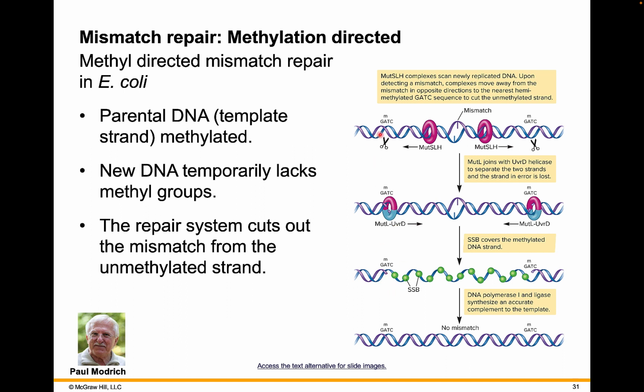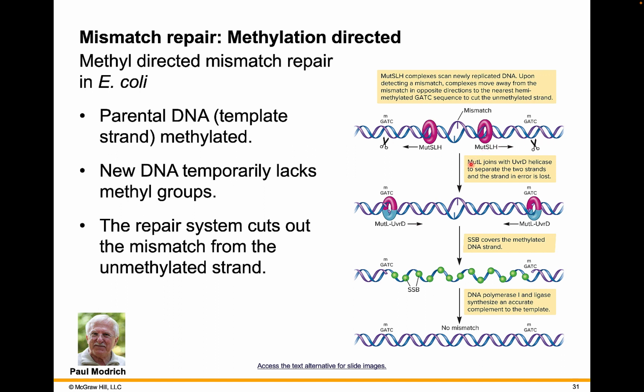Whereas the parental strand is already methylated, so the DNA just after replication we call hemimethylated. Hemimethylated means the parental strand is methylated and the daughter strand is not. And this repair mechanism needs to happen within that window.